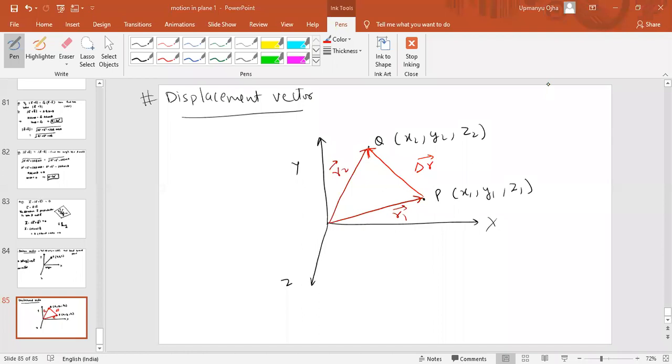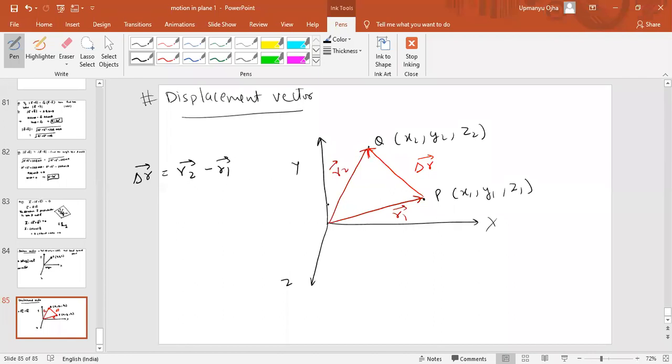So what is the value of delta r? Delta r, which is the displacement vector, will be equal to the final position vector minus the initial position vector. Is this correct or not? The displacement vector would be represented by the final position vector, which is r2 vector, minus the initial position vector, which is r1 vector.